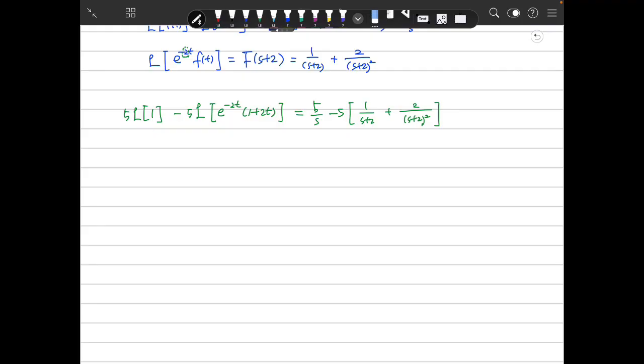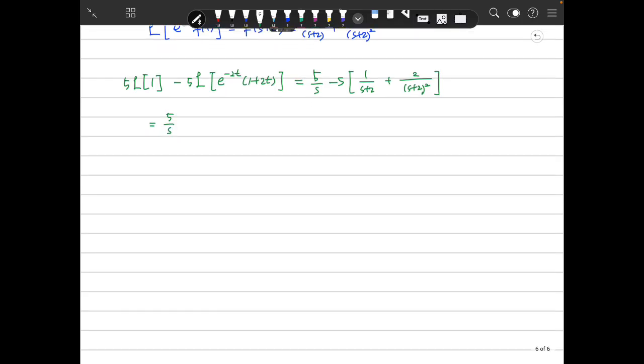So there will be 5 over s and minus 5 over s plus 2 and minus 10 over s plus 2 square. So we need to simplify this into one term.